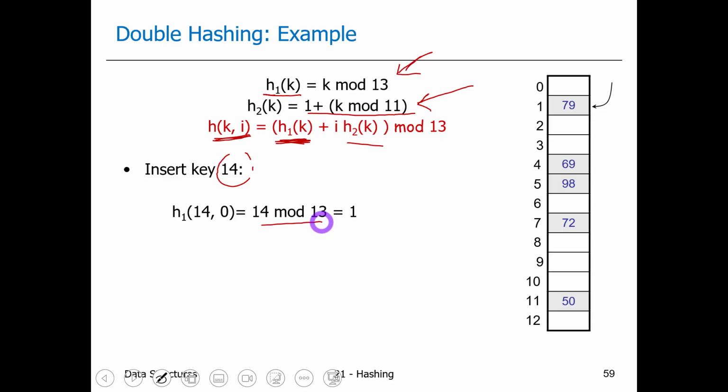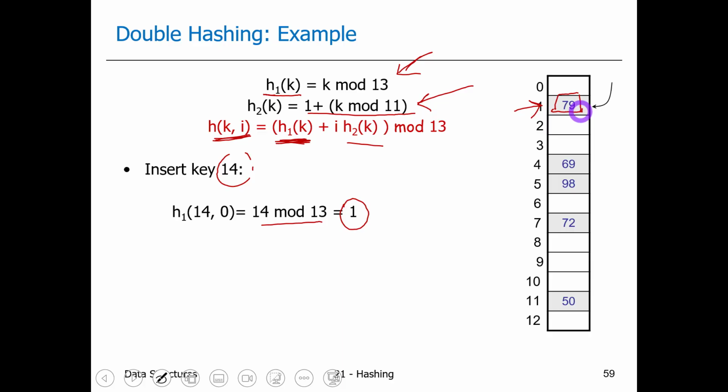So 14 mod 13 gives you 1. This is your position. Now you see that slot 1 has 79 written there already. That means a collision has occurred.